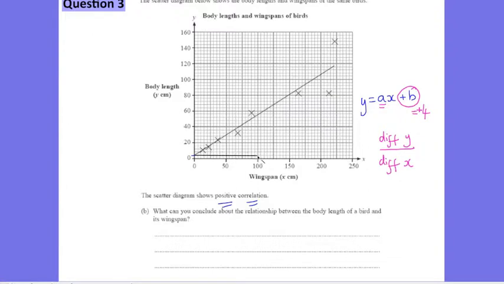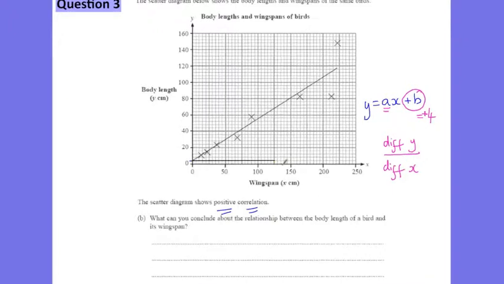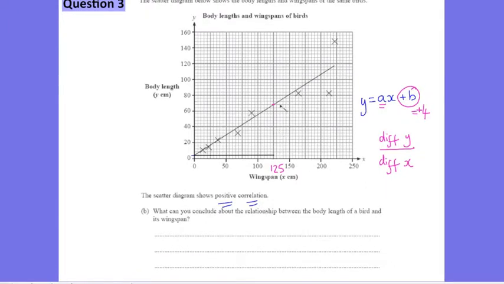So if we progress all the way over to this point here, we can see this is easily halfway between 100 and 150, which is 125. And when we put our line up, we can see that this point here is nice and neat. It fits exactly on the square. So it's going to make it easier to make the calculations as accurate as possible.